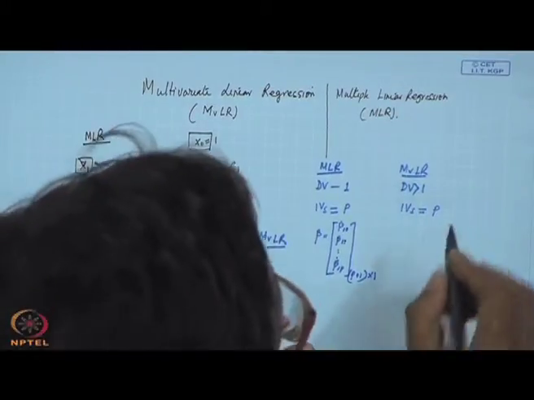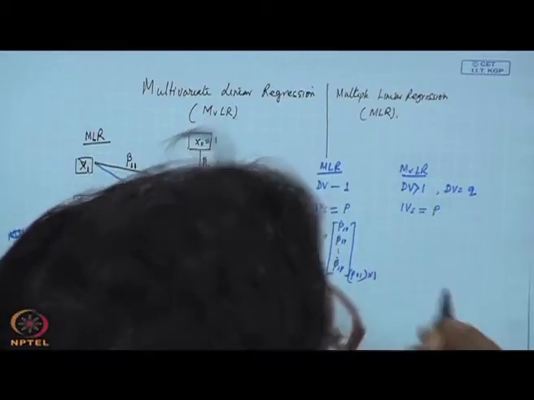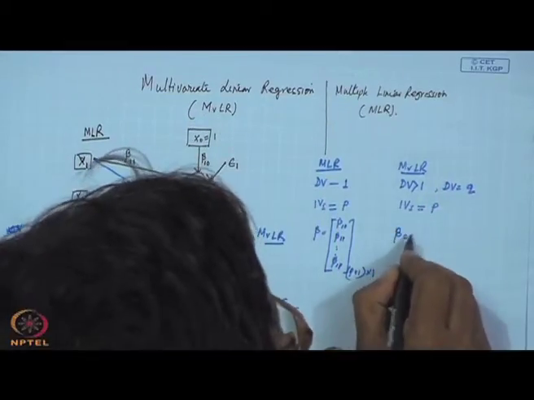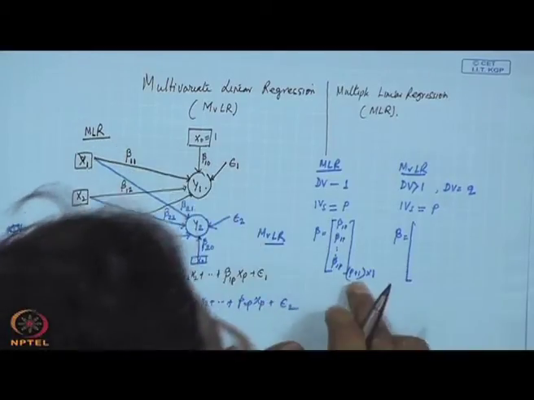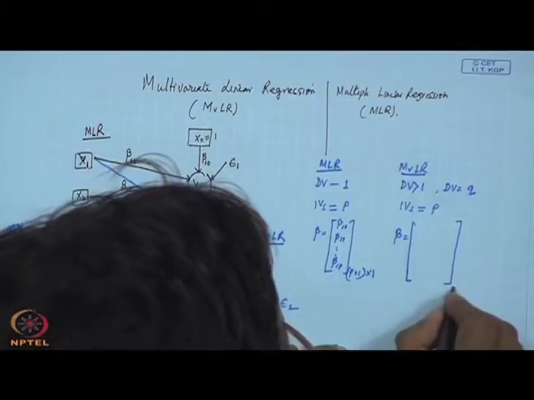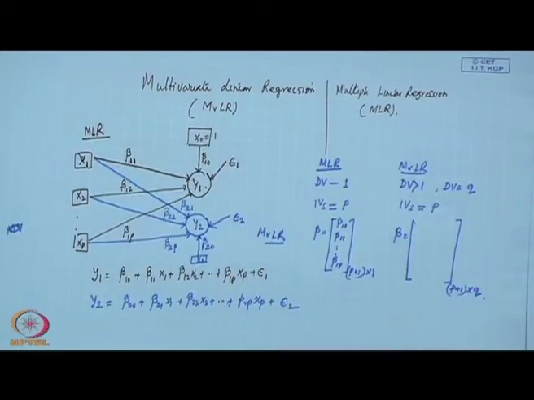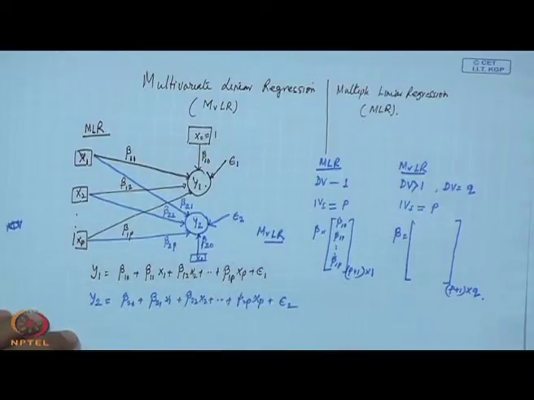But here, if we assume that total DV equal to q, then your beta is no longer p plus 1 cross 1, it will become p plus 1 cross q because of q dependent variables, correct.